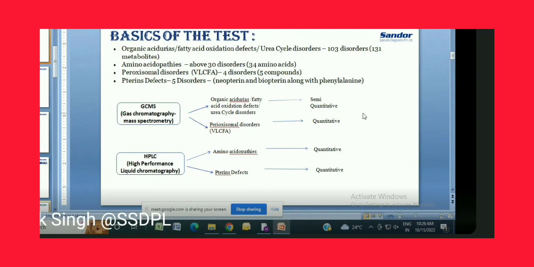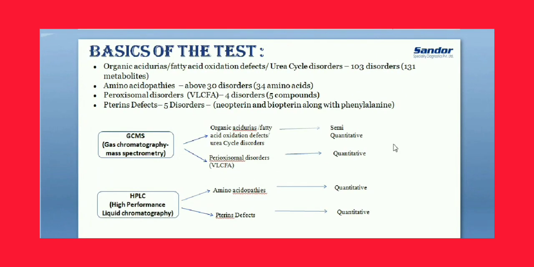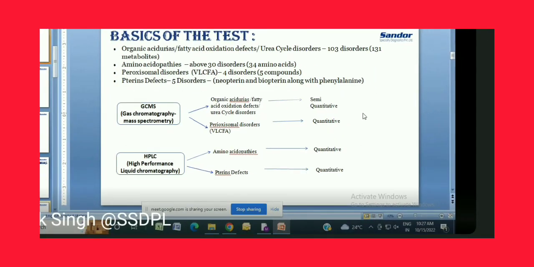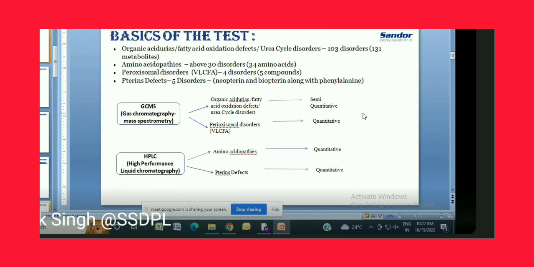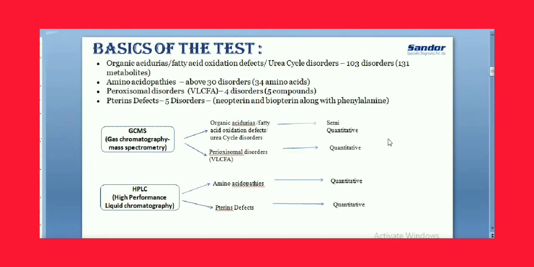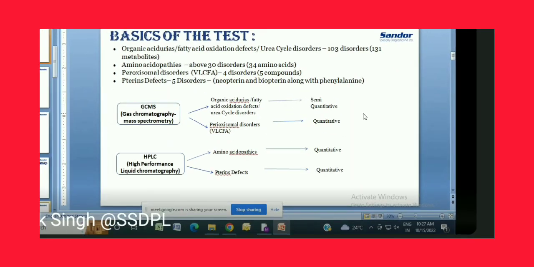Yes, exactly. When we promote to doctors we say this number of metabolites, but when the report goes, the numbers will be less. Whatever is abnormal is reported. If I say propionic acidemia, there are only five or six analytes. Our compound table only shows those abnormal analytes. Many doctors have doubts: you say 131 metabolites, but you only report 6 or only 2.